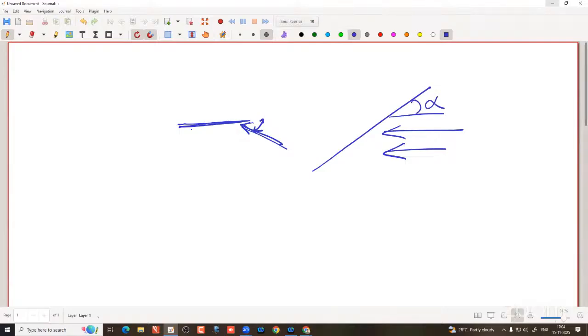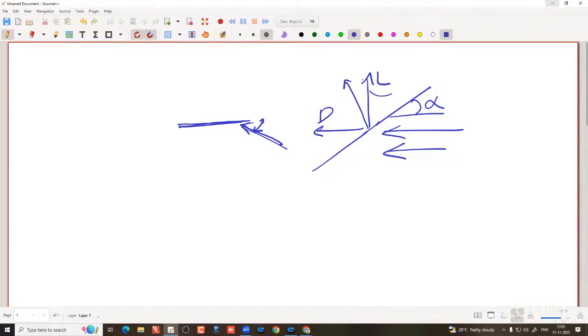Now we know that there is some resultant aerodynamic force acting on the object. It may be in some direction, and we prefer to consider that direction as consisting of two different components. So we call one lift and one drag.